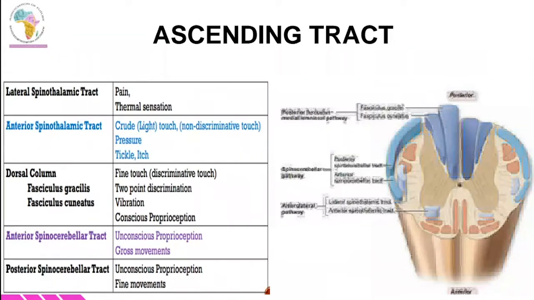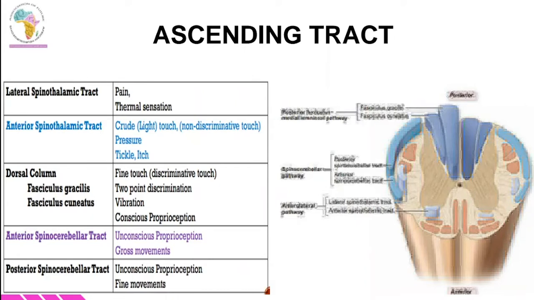Which is actually an advanced center. Then going ventrally, it is further divided into the spinocerebellar pathways, for which we have the posterior spinocerebellar tract and the anterior spinocerebellar tract.